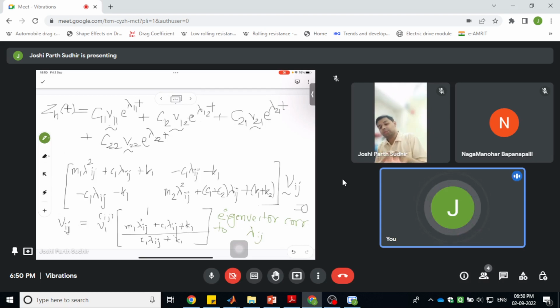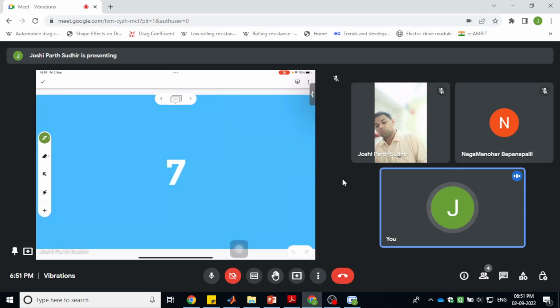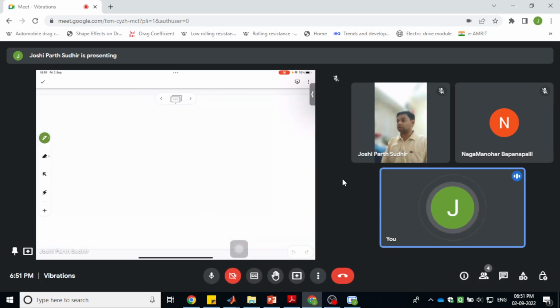So we express the general solution for the free vibrations as a linear combination of the eigenvectors. This will be the free vibration response, and then we come to the particular solution.